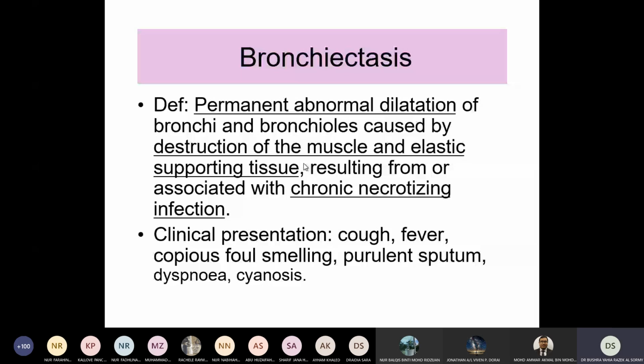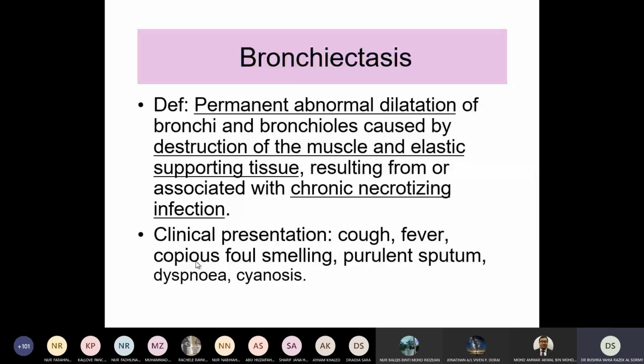And this one is due to what? Due to repeated infection. Really, bronchiectasis is due to another disease, you know. The clinical presentation is cough, fever, foul-smelling, purulent sputum, dyspnea, and cyanosis.